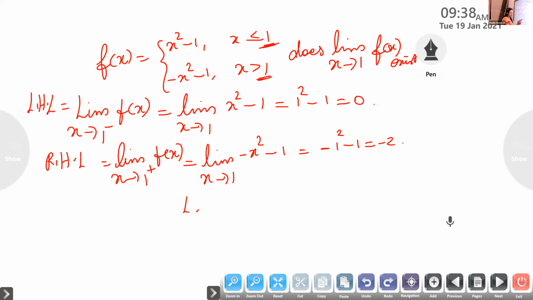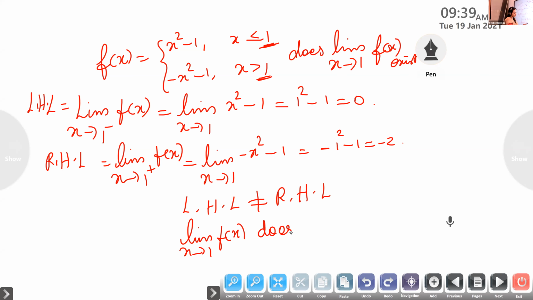So here, left hand limit is not equal to right hand limit. Therefore, we can say limit as x tends to 1 of f of x does not exist.